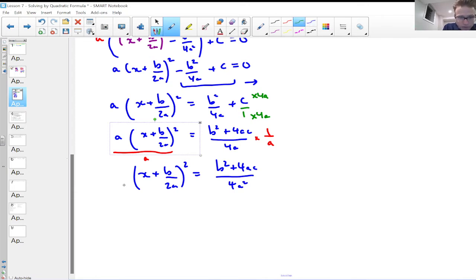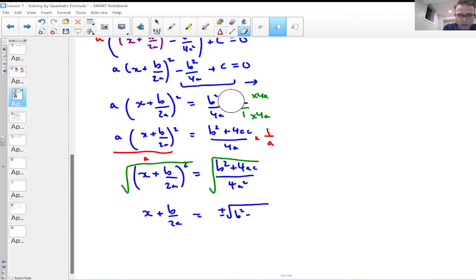Now I'm going to square root both sides to get rid of this. On this side I'm going to have x plus b over 2a is equal to plus or minus the square root. This I cannot square root, so b squared minus, made a mistake here, didn't I? Yes, this should be minus, this is embarrassing.